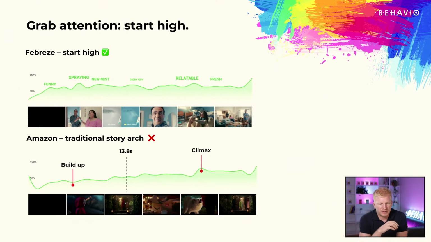As you can see, they were building it up slowly, and the climax, the highest emotion, came only close to the end. So really late for this ad to make a real effect on the brand, and so on the long-term sales as well.